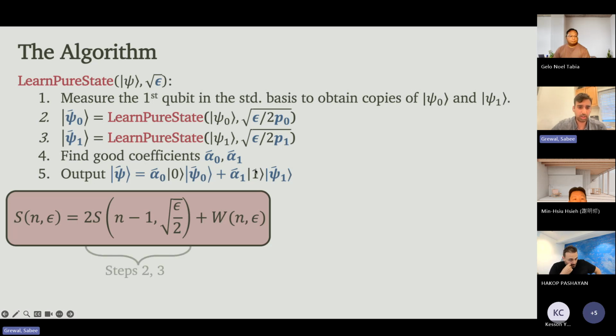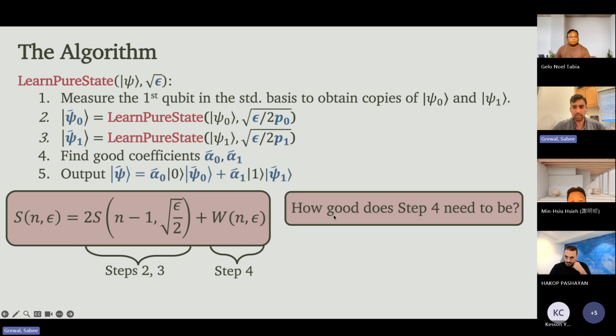It's equal to 2 times S again from our recursive calls in steps 2 and 3, where we're calling the algorithm again on n-1 qubits. And then there is a copy cost to step 4, where we need to find our good coefficients. We want it so that when we solve this recurrence relation, we achieve the claimed copy complexity of roughly 2 to the n over epsilon.